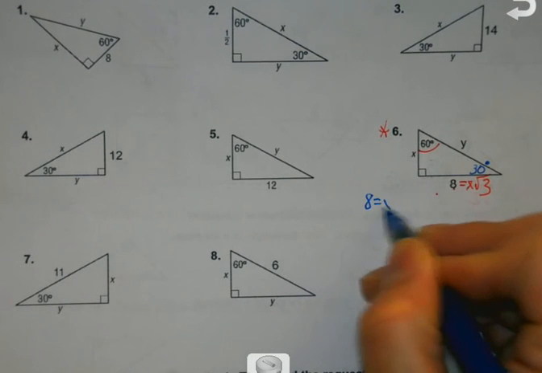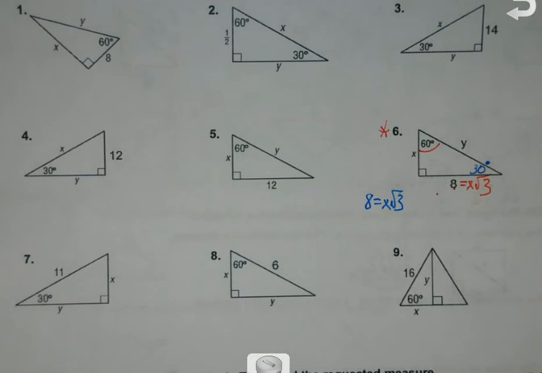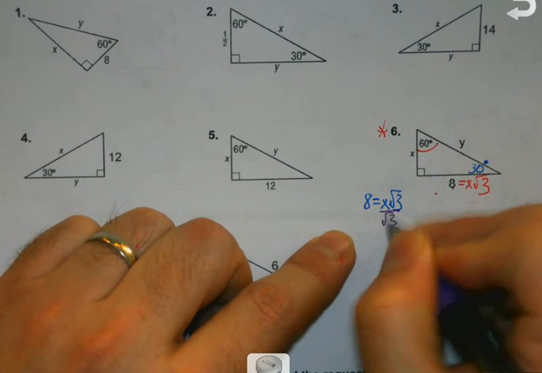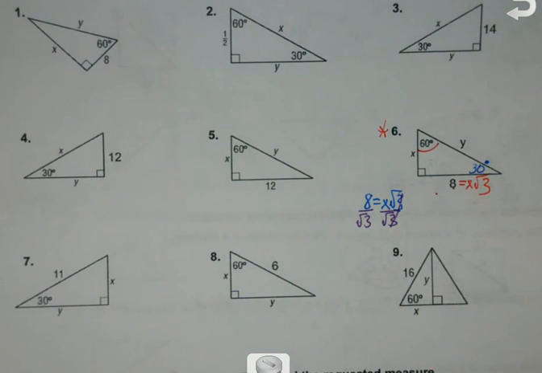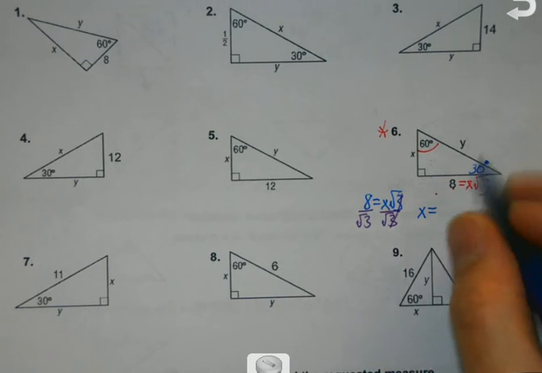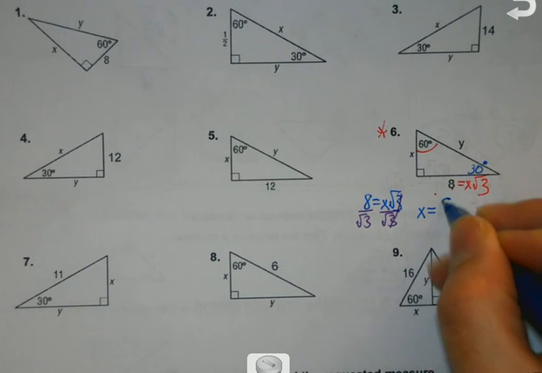So if 8 equals x square root of 3, because that's my long side, what have I got to do to both sides again? Divide by the square root of 3. And again, we're not real happy about this because we need to rationalize it. We'll see if we see the pattern here. We might have to do 2 of these to see the pattern this time.